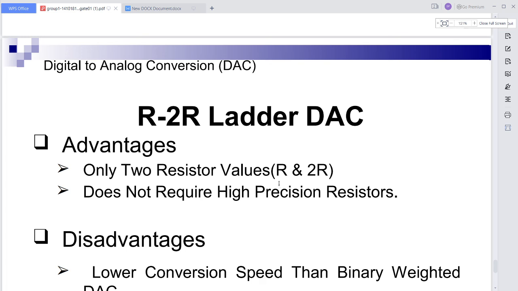In the inverted R2R ladder type digital to analog converter, the positions of the MSB and LSB are going to interchange. Hence, each input binary word is connected to the corresponding switch, either to the ground or to the inverting terminal of the operational amplifier, which is also at virtual ground.